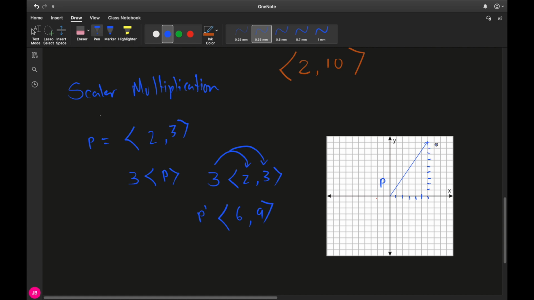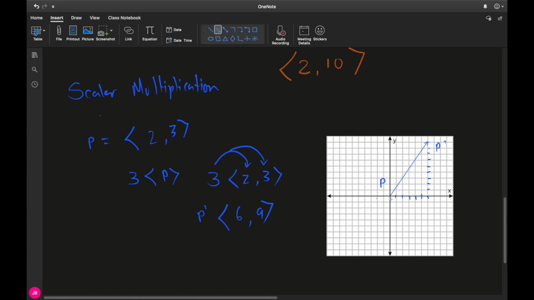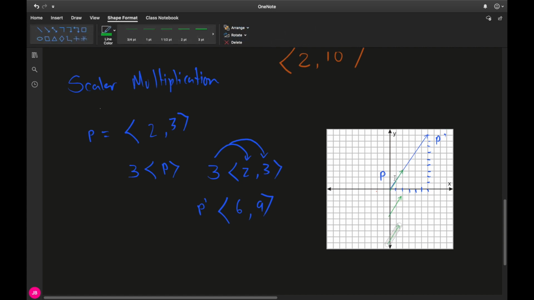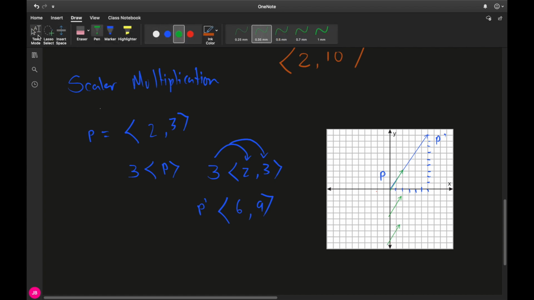So this is now vector p prime. And notice how it's simply a combination of these three vectors put together, because of course you multiplied by 3.